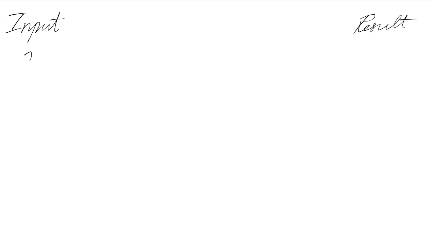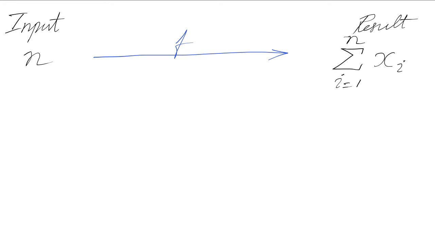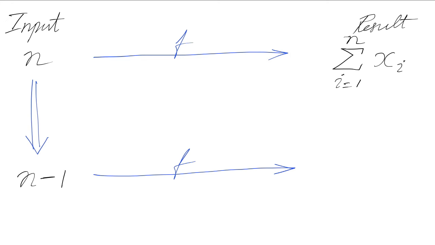We can now look at the recursion diagram. The input is n. We want to add numbers from 1 up to this given number n. We reduce the problem by 1 unit. The result of the subproblem is the sum of the numbers from 1 to n minus 1.